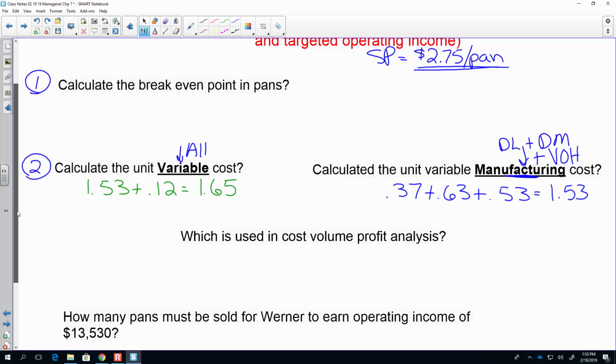Can someone tell me what the variable cost ratio is here? It's not asked in the question, but since we have the numbers, we're set to go here. How do I compute it?